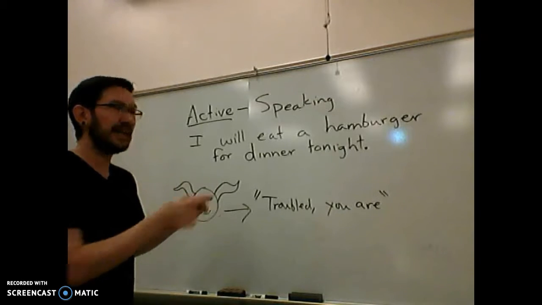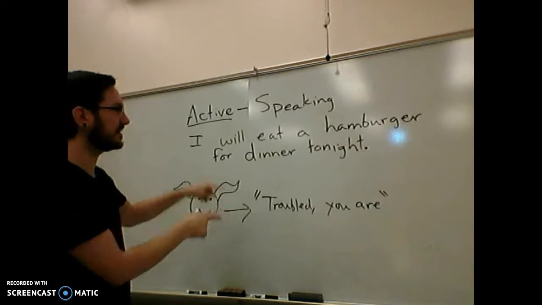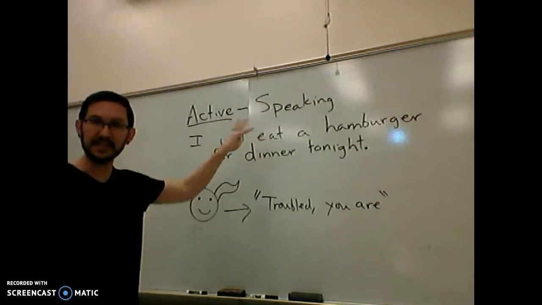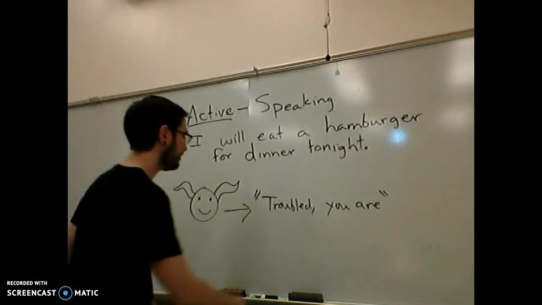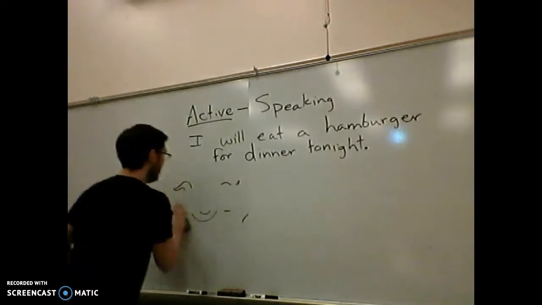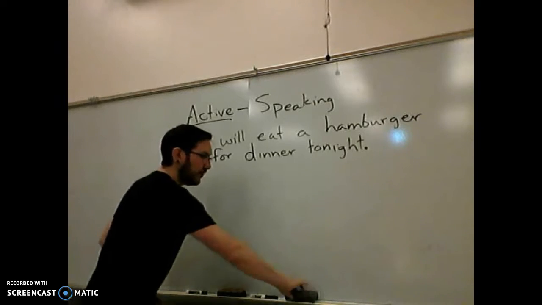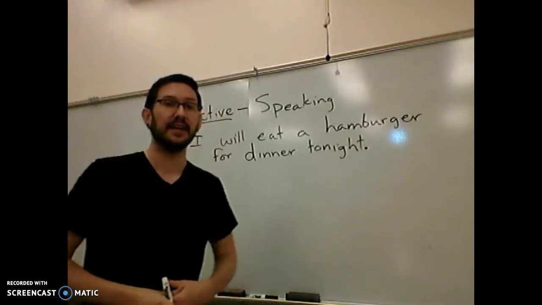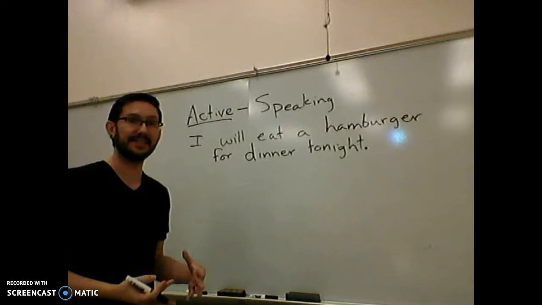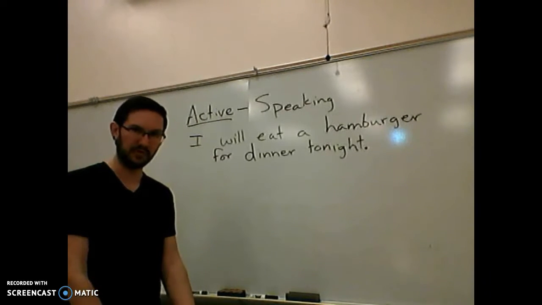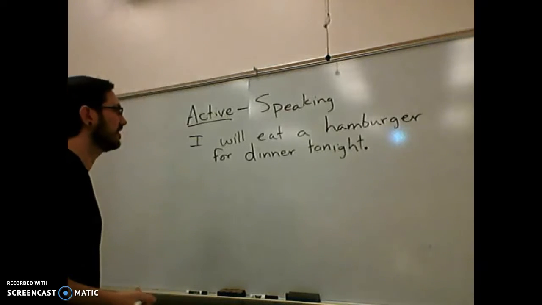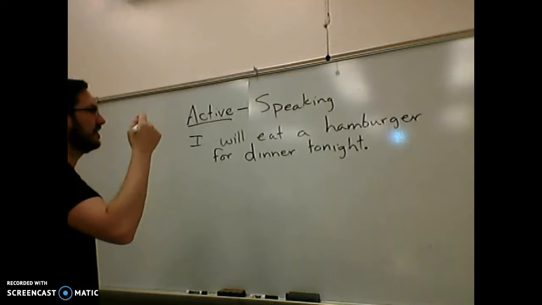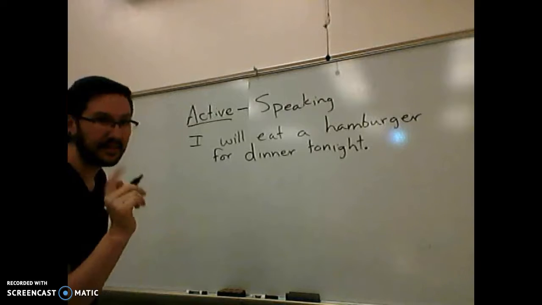So let's take Yoda's example and then apply it to our own sentence, the sentence that we have before us. And a good way to make a switch from active to passive is to reverse the sentence as much as possible. We could say something like this.